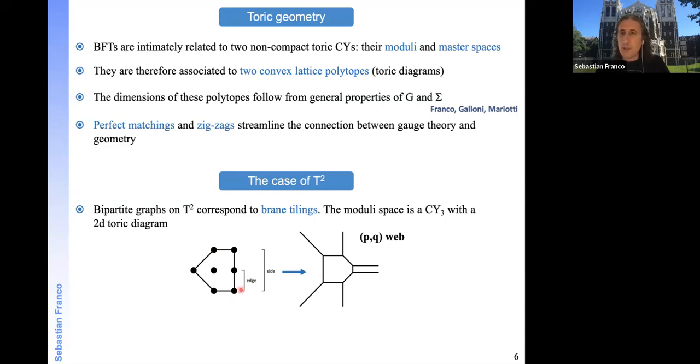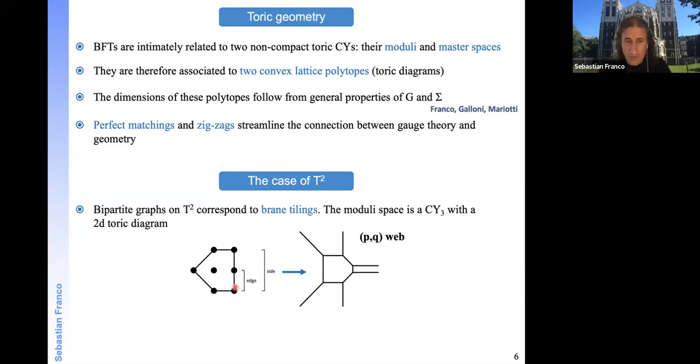For later discussion, I will use these two words to refer to the boundary of the toric diagram. I will talk about sides, which is any of these straight lines on the boundary of the toric diagram, and I will talk about an edge as each of these components in a side. Generically, many times we will have toric diagrams in which every side consists of a single edge, but like in this case, we can have a side that consists of two edges.